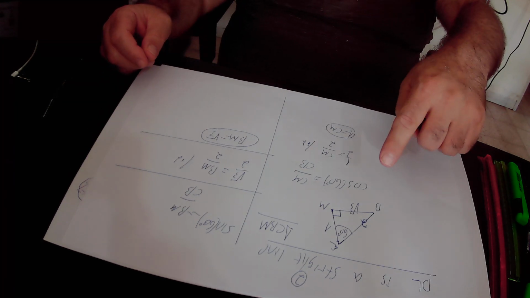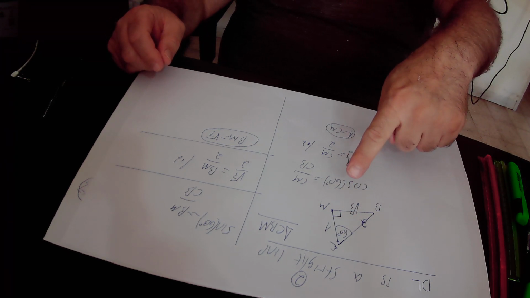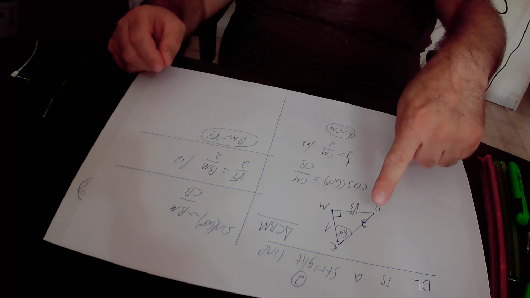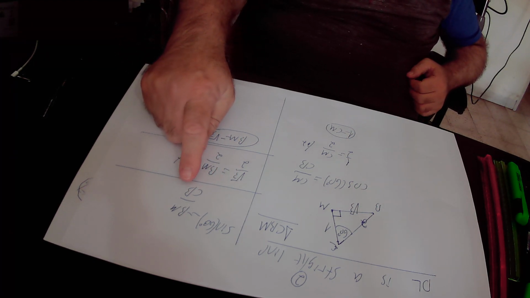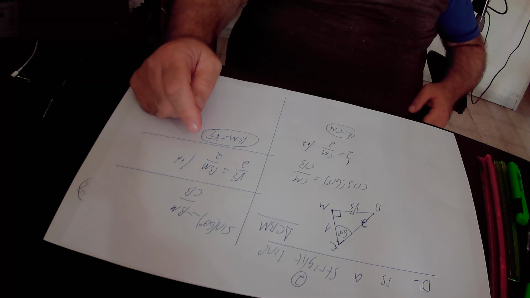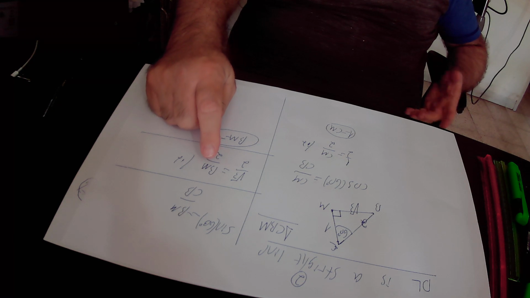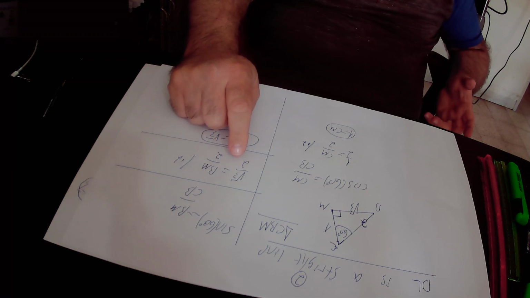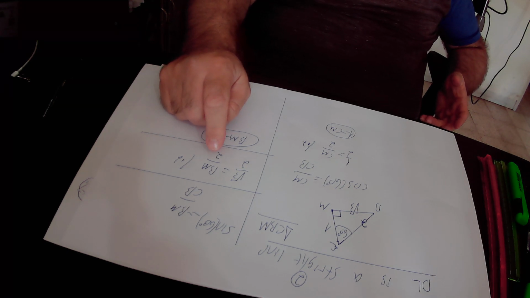Then in this right triangle CBM, sine of 60 degrees equals MB over CB. The value of sine of 60 degrees is square root of 3 over 2, so we substitute sine of 60 degrees by square root of 3 over 2, and it is equal to BM.